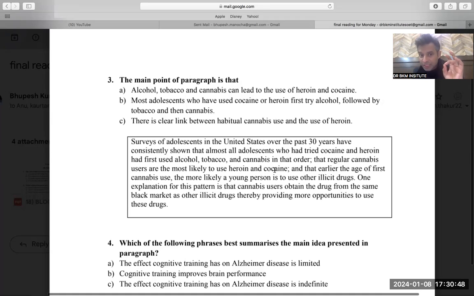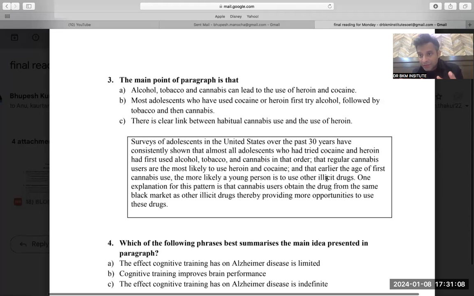Means if a child is going for alcohol, tobacco, cannabis, then ultimately he will go to heroin and cocaine. That is what surveys say. And the earlier the age of first cannabis use, the more likely a young person is to use other illicit drugs.